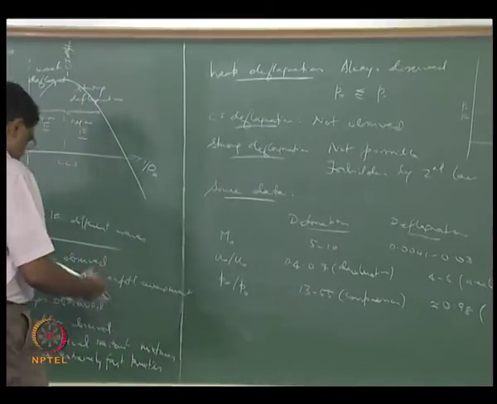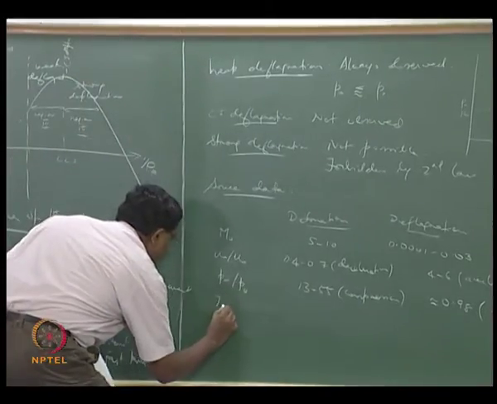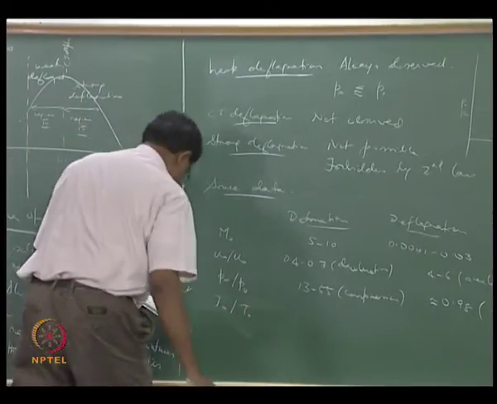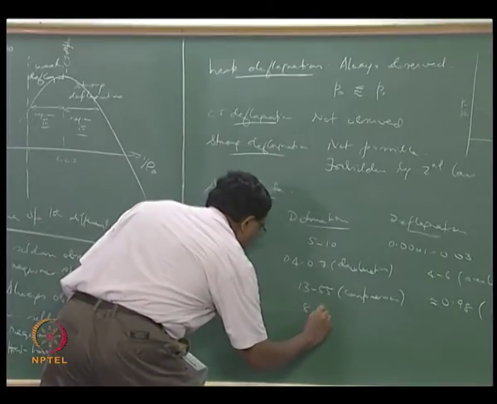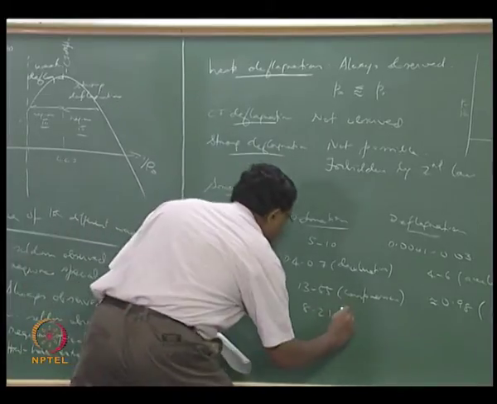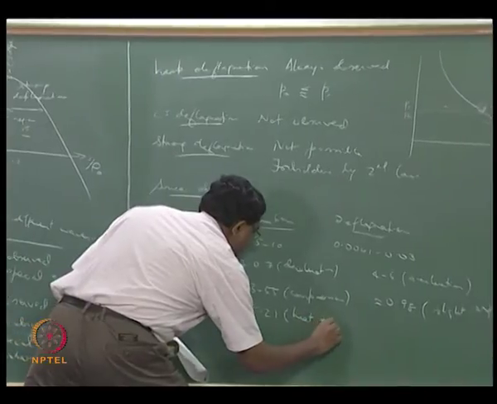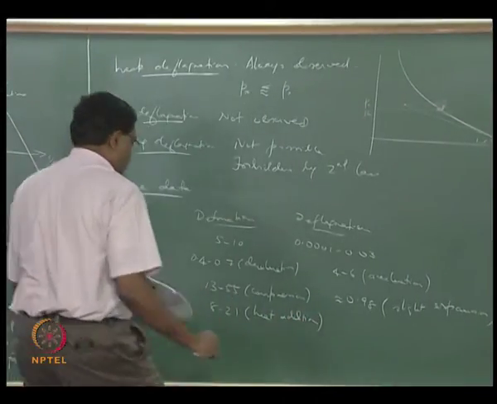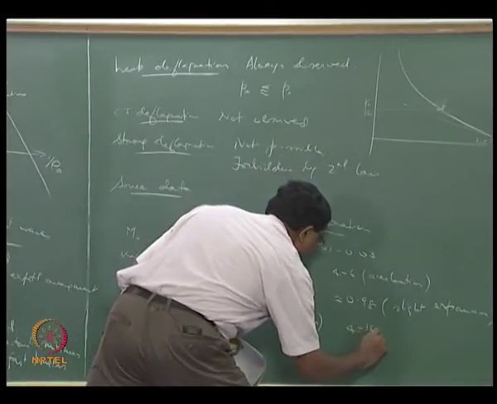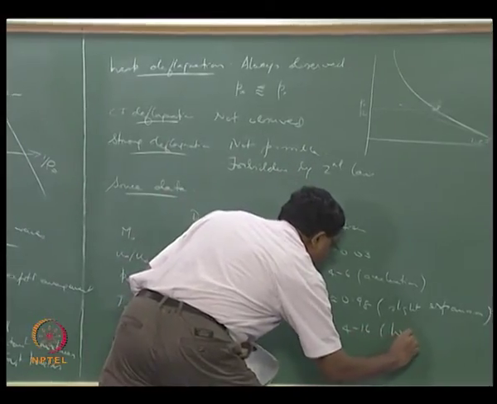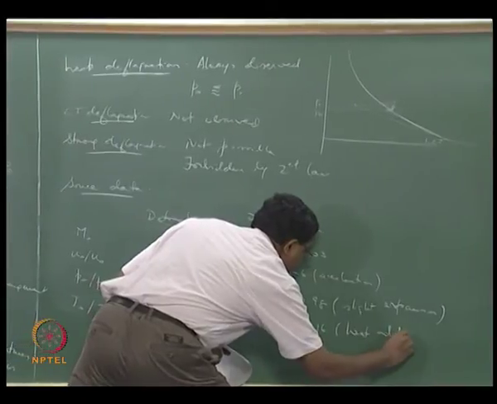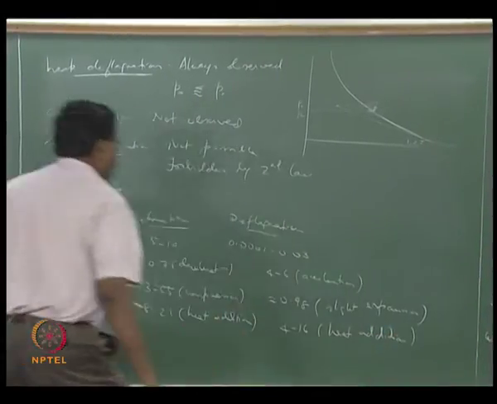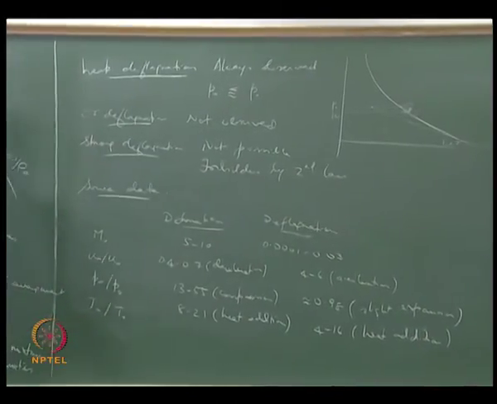Okay, T infinity over T naught is about 8 to 21, that is heat addition. It is only slightly less over here, about 4 to 16, also heat addition. In both cases we are actually adding heat.